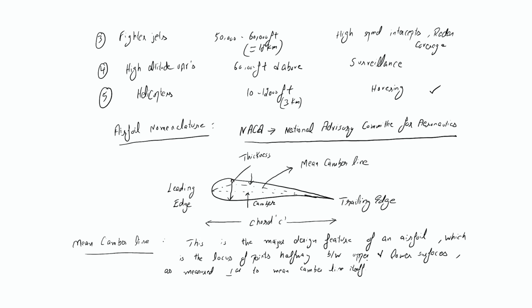Okay, so this defines the shape of the airfoil. Look at this figure carefully. This is actually defining the shape of the airfoil, which is nothing but the locus of points halfway between the upper and the lower surface of any airfoil. Alright, so this was about the mean camber line.